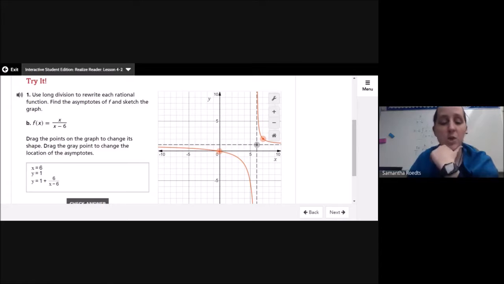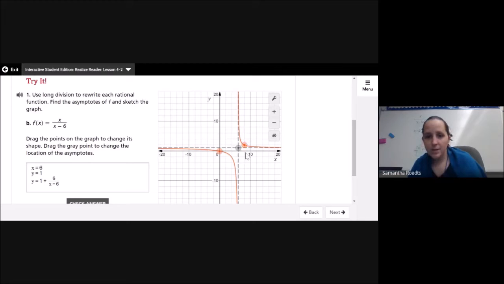So if I do x equals 12, 12 minus 6 is 6, which gives me 2. So 12 and 2, really close to this. That is right. Goodness, I can actually do this. x is 12, so 12 is over here.